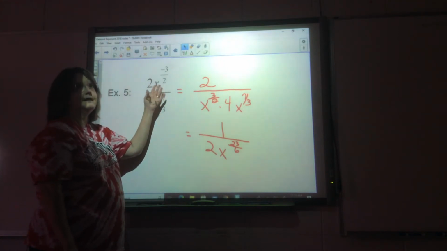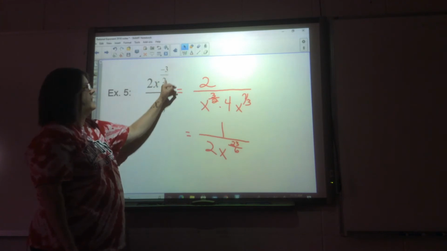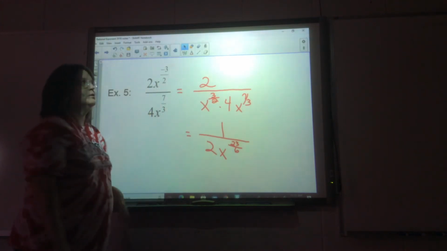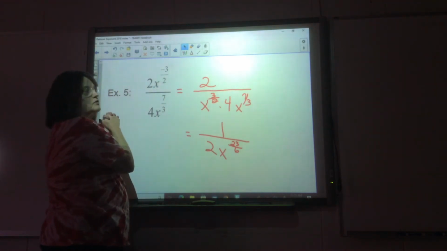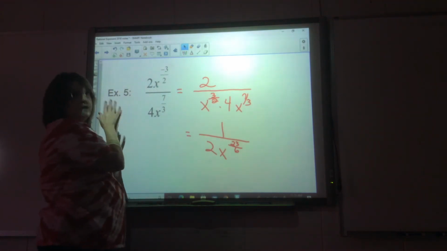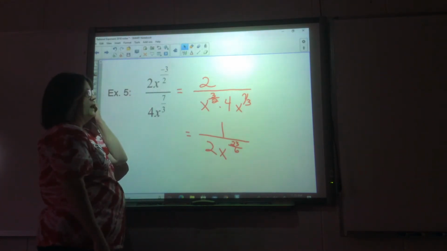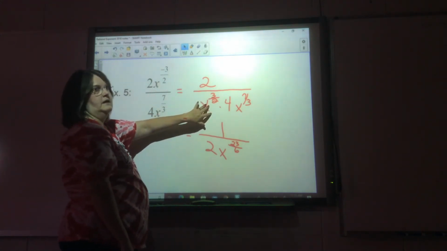It's just easier. So I leave the 2 up here because the 2 is not taken to this power. Only the x is. If the 2 were taken to that power, I would have parentheses around this. I do not. So therefore, the 2 is not taken to that power. So this is taken to that power. So I'm going to rewrite this whole thing, and I'm going to take this and put it down in the denominator.